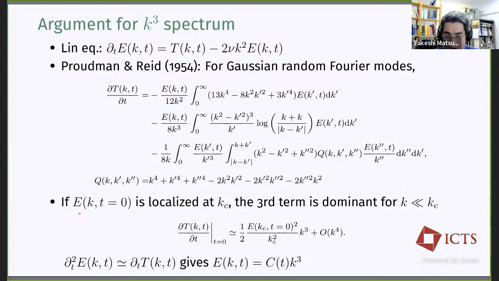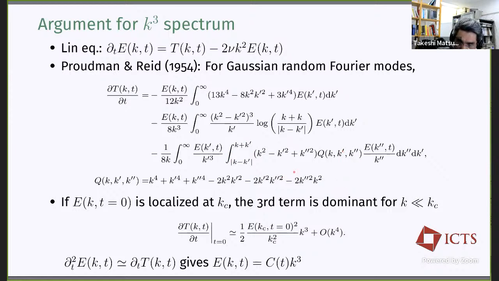Our initial condition is localized around some wavenumber center, and in this case we can ignore the first term and the second term. The only non-zero contribution is coming from the third term, which is basically the non-local contribution. We would like to understand the behavior of the energy spectrum for wavenumber much smaller than Kc, the center.